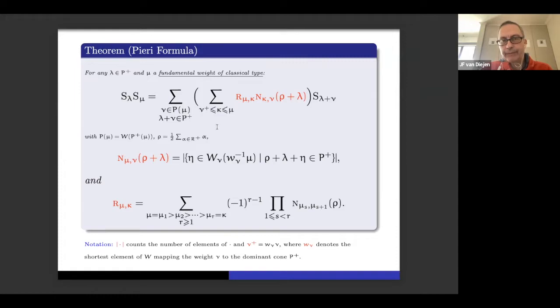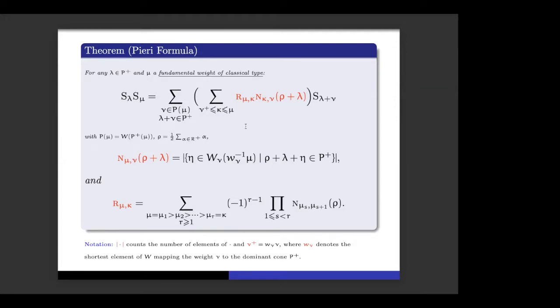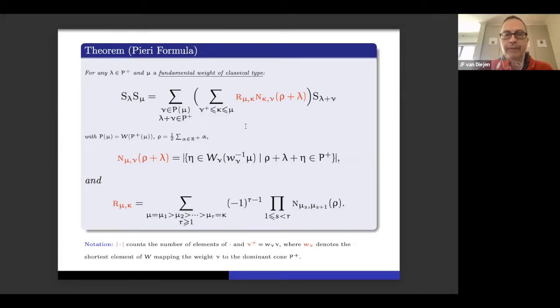But if the fundamental weight is not minuscule, then this formula becomes quite a bit bigger. But still, it's quite satisfactory that you can write such a formula down completely explicitly and irrespective of the type of Lie algebra. So this works for all types. This name, fundamental weight of classical type, doesn't mean that it only works for classical Lie algebras.